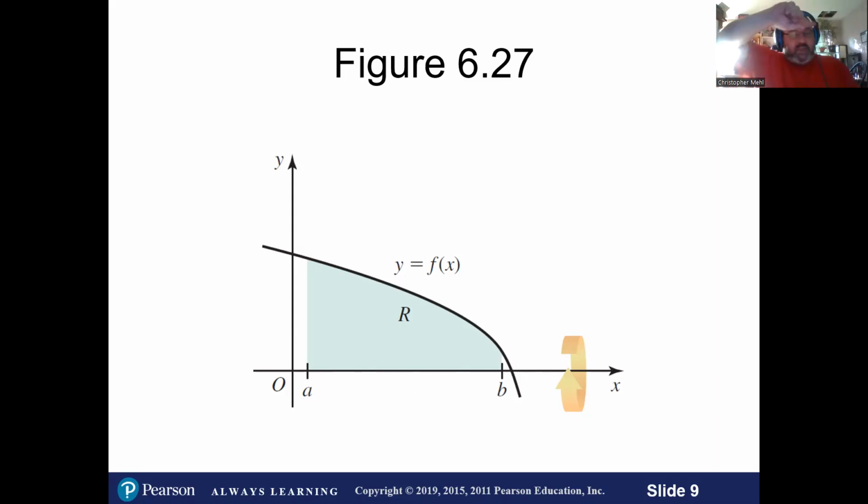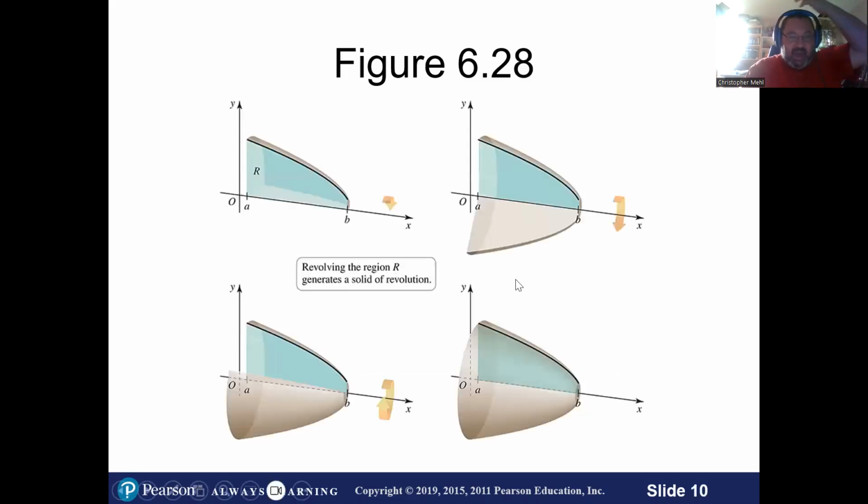We know how to find the area of this region, but what if we take this region and we spin it in 3 dimensions about the x-axis? And if we do that, then we get what's called a solid of revolution.